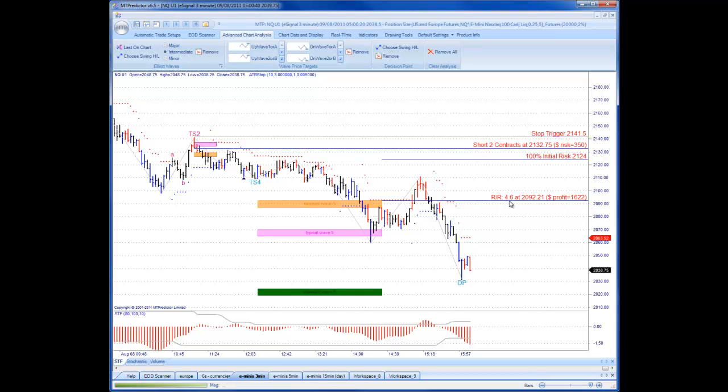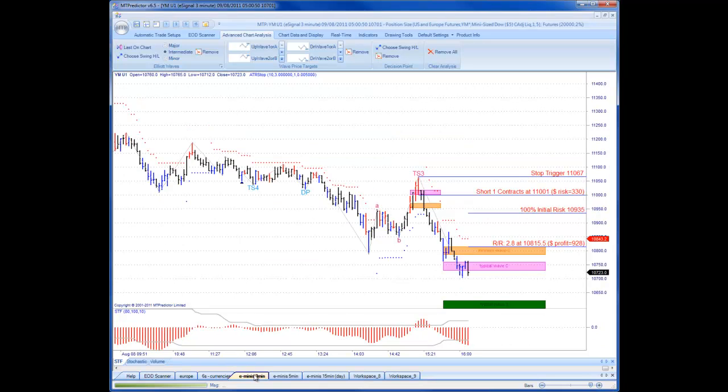So as you can see, MTPredictor, just using the automatic trade setups and our standard trade management guidelines of trading in the direction of the STF color, we had a very good day yesterday with a lovely plus 4.6R profit on the NQ. On the YM, a nice 2.8R towards the end of the day.